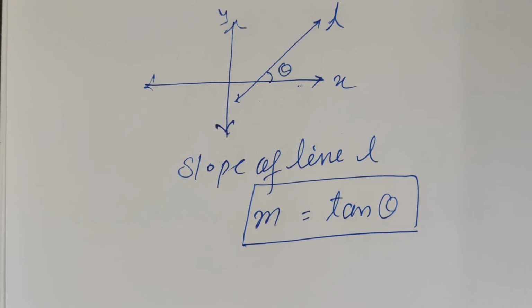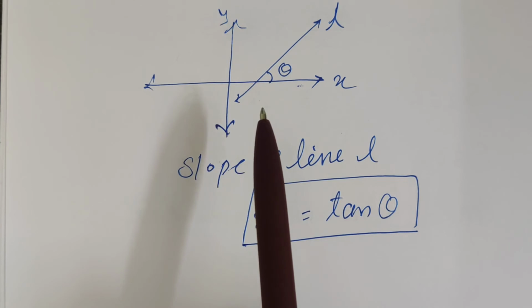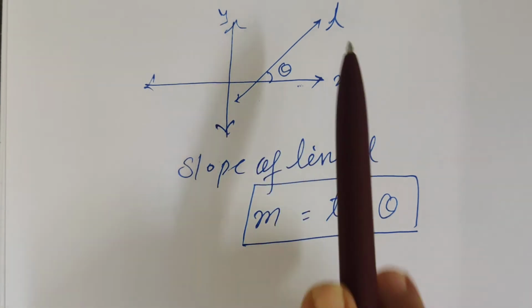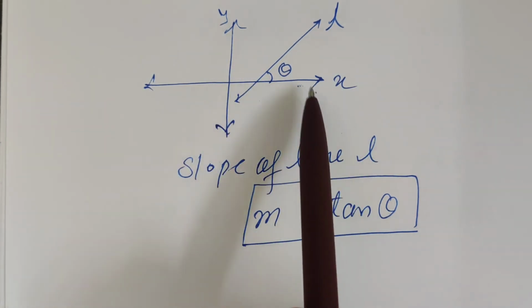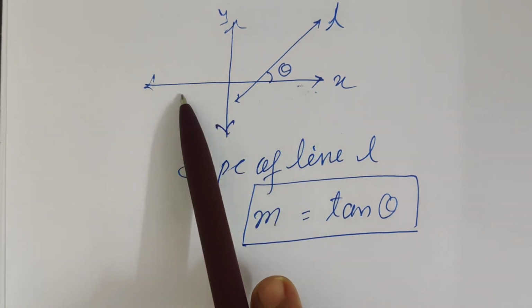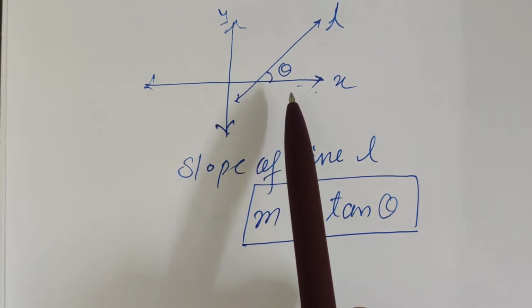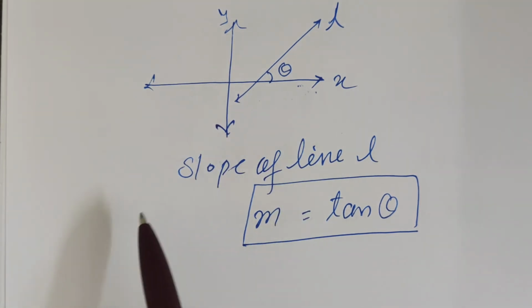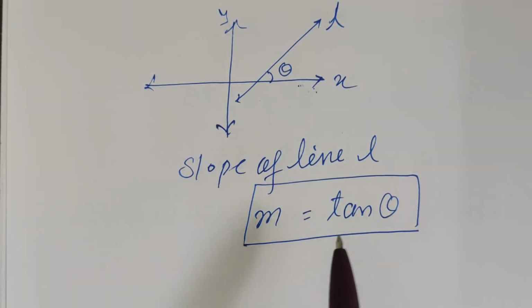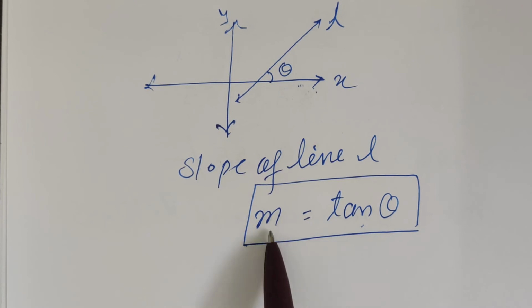When the tangent ratio of an angle made by the line with the positive direction of x-axis, this is positive side, this is negative side, then it is called the slope of that line, and that's why we say slope is equal to tan theta. So this is all about slope.